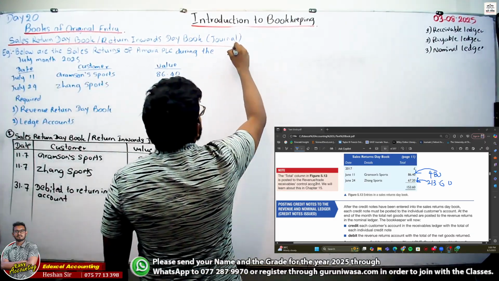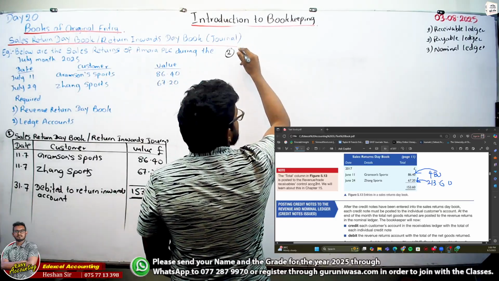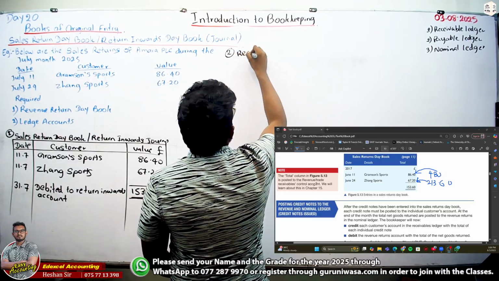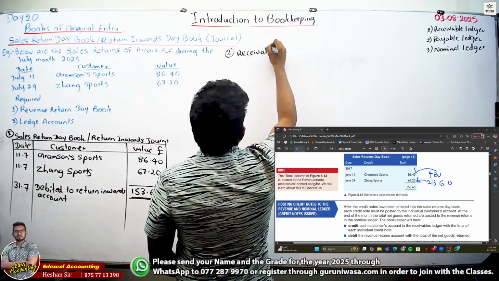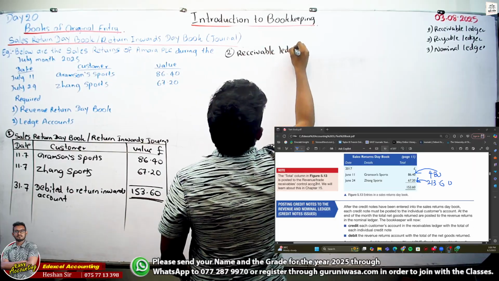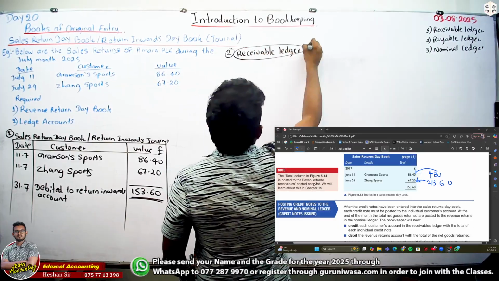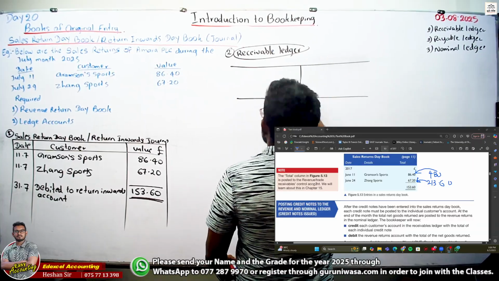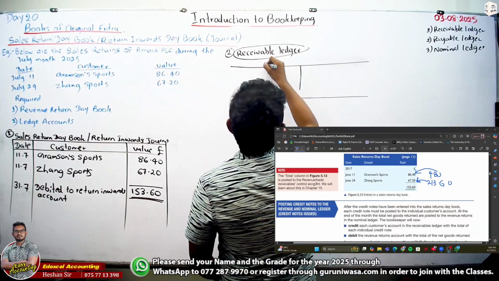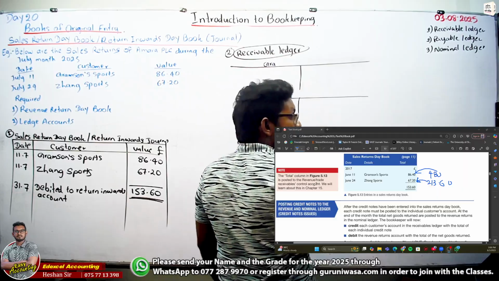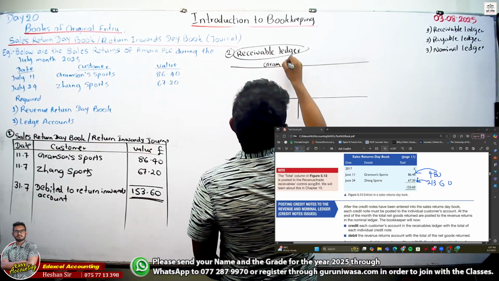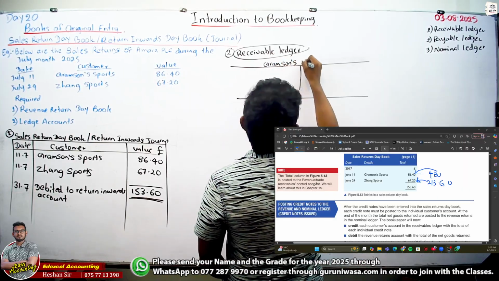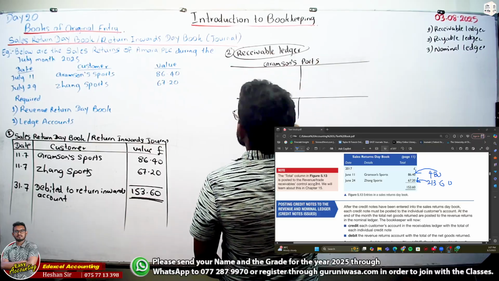When we prepare the ledger, we need the receivable ledger. We already sold the goods, so there are two things: Gramson Sports and Sang Sports, those are asset accounts.